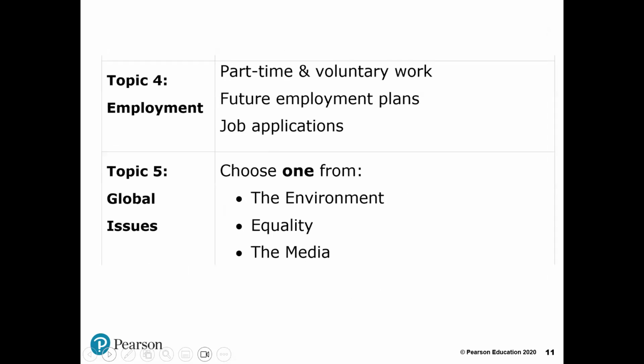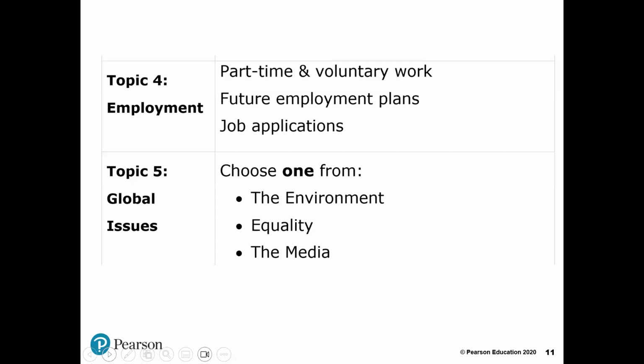Topic 4 is employment, and this covers part-time and voluntary work, future employment plans, and job applications. Now, topic 5 is global issues, and topic 5 is a little bit different because topic 5 is in writing and in speaking is an optional topic.